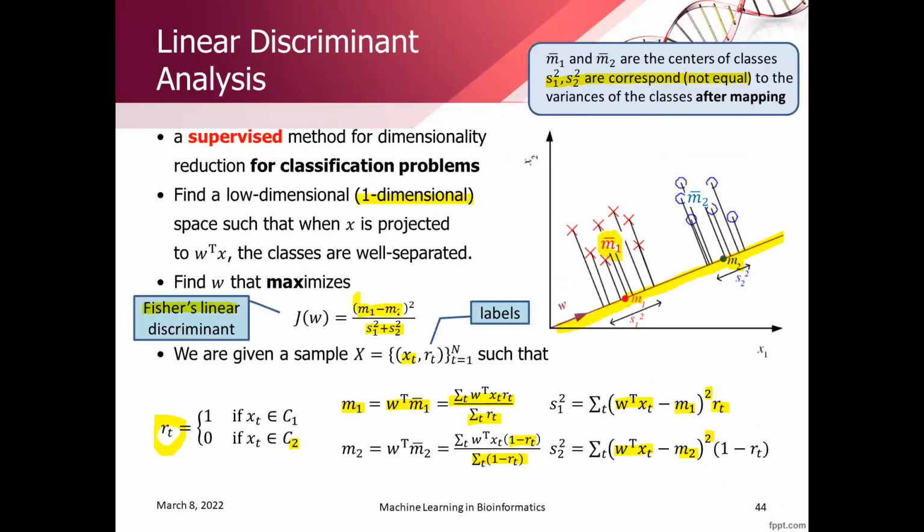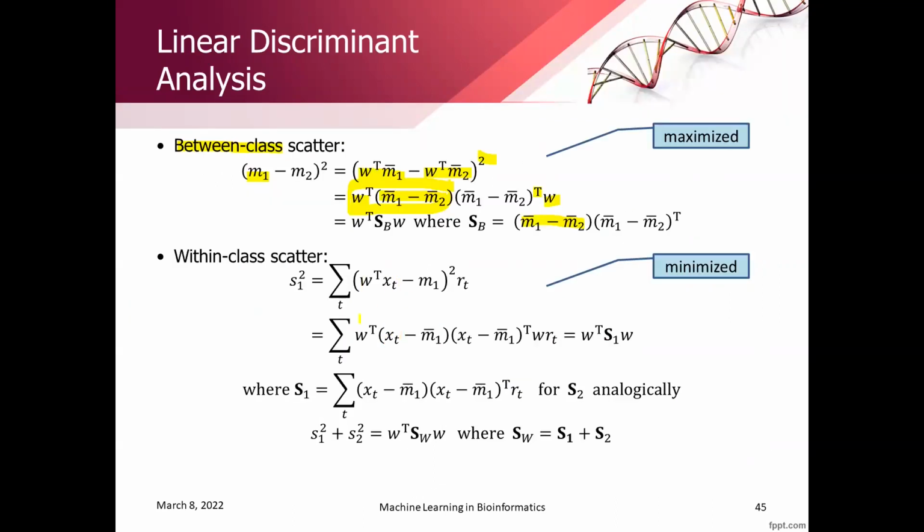And the second part, the sum of the variances, we can rewrite in a similar way. So this is for the first variance, S sub 1 squared. We have the transformed observation minus the transformed mean, squared, times the labeling, sometimes called indicator.